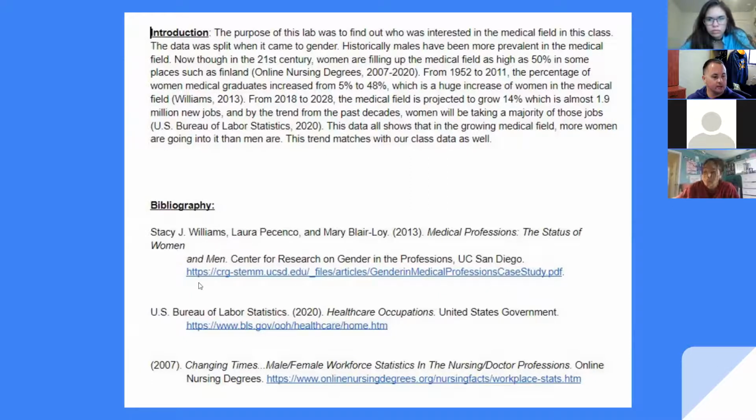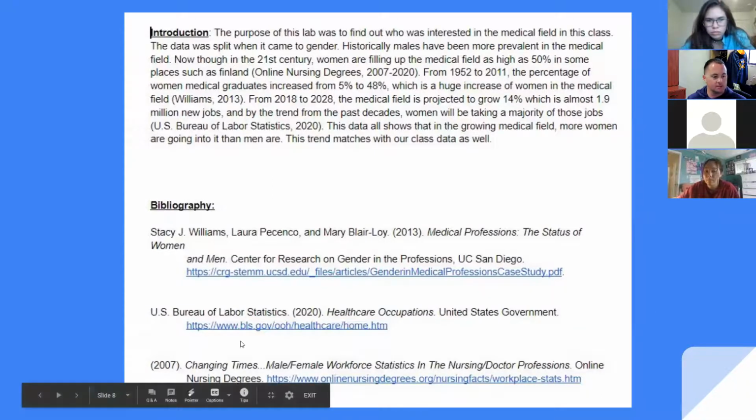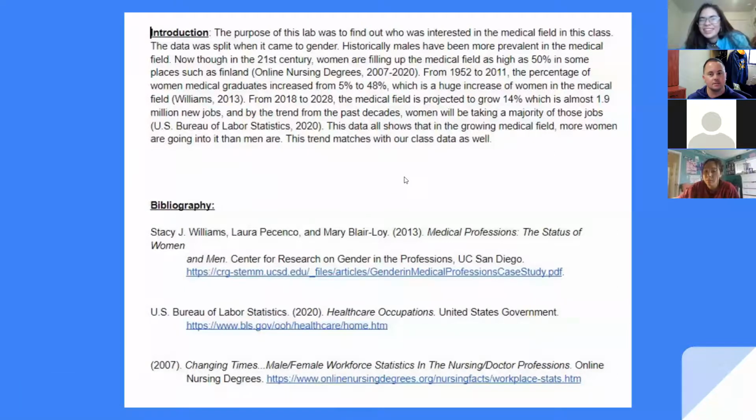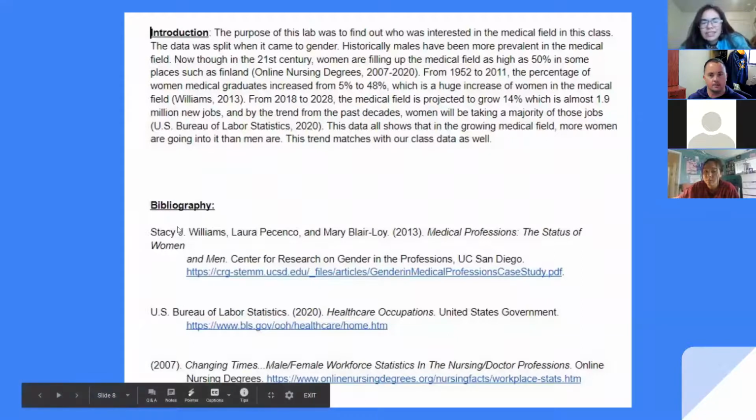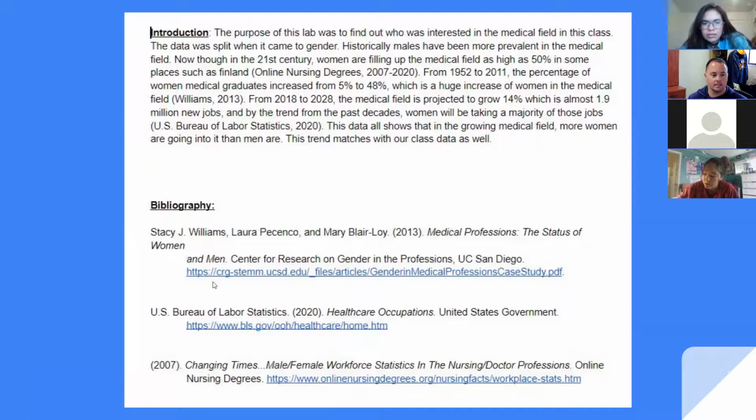I'm not sure what happened formatting-wise, this line should come up with the rest of the citation. Otherwise, this looks pretty good. One thing a lot of you did not do was alphabetize your bibliography or your reference section. So that's the other thing that needs to be done.